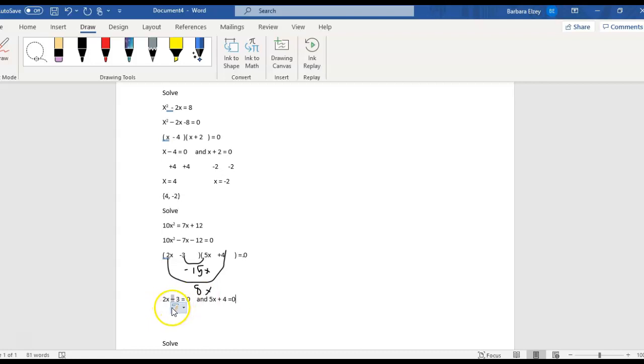So I need to add 3 to both sides in the first one. And that's going to give me 2x equals 3. And then I want to divide my 2 out, which will give me 3 over 2 here. In my second one, let's subtract 4 from both sides.